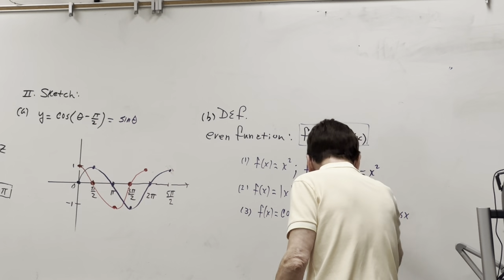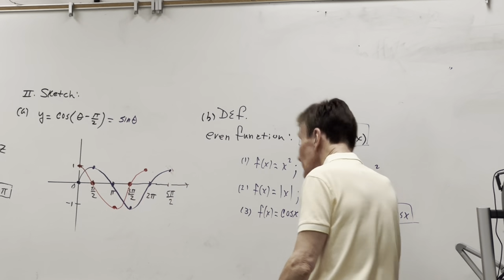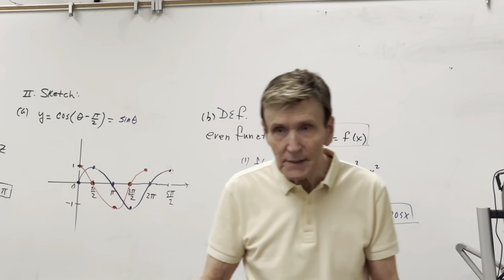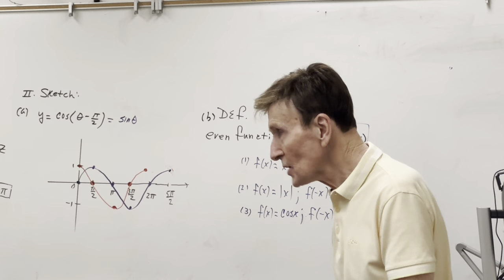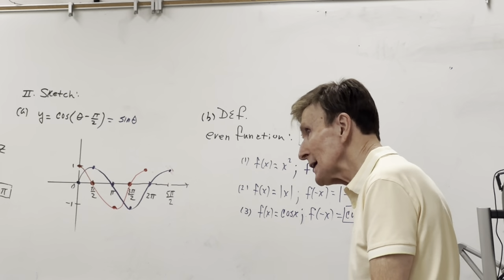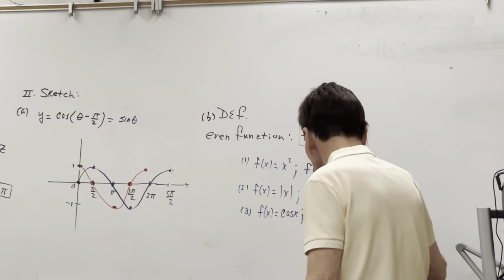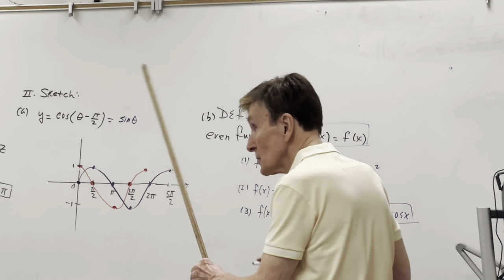If it does, it's even. Replace x with a negative x, does it take me right back to where I started? Arena, I'm going to agree with you, it does. I don't know how we are going to show it does. Do you have any ideas how to show it?